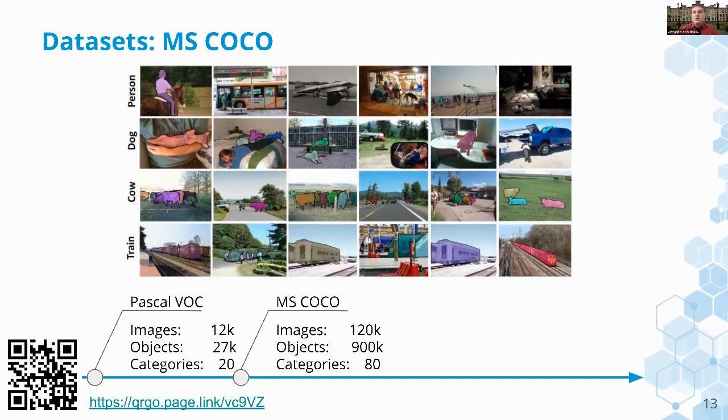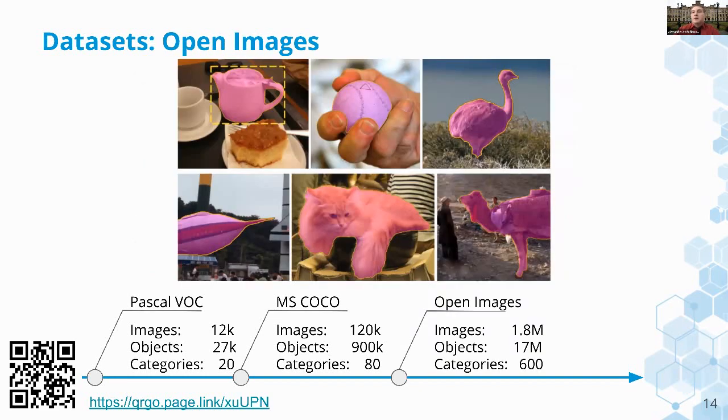So to close this gap, in 2016, Google released the Open Images dataset, which contains 1.8 million images annotated with 600 categories.